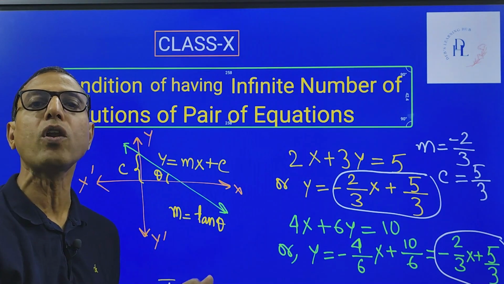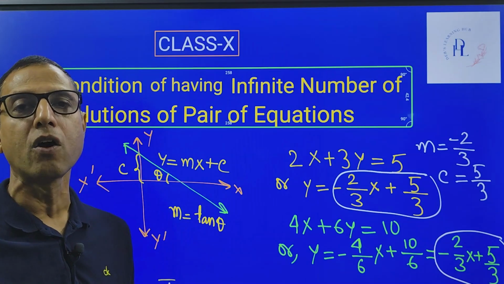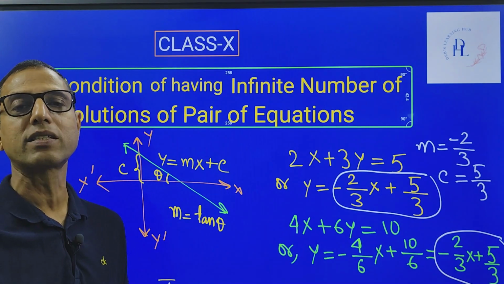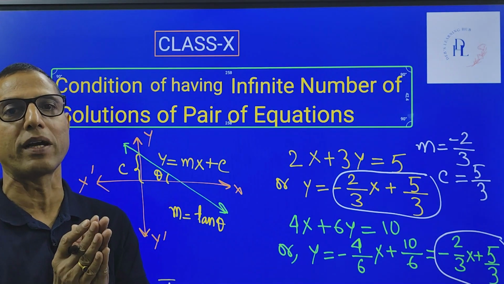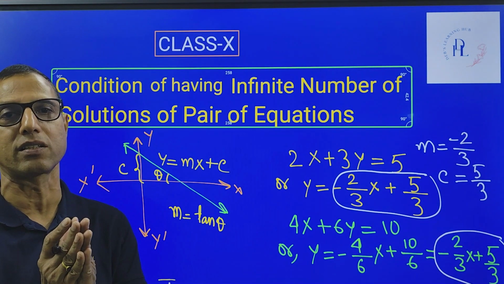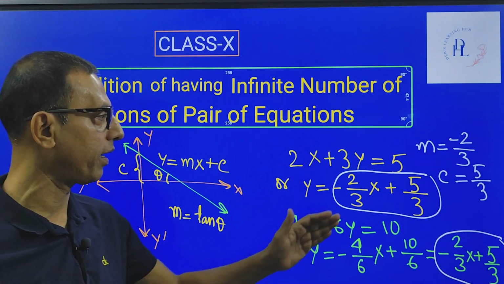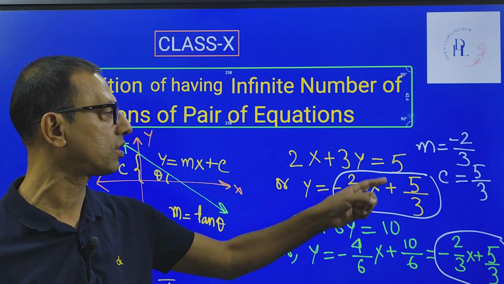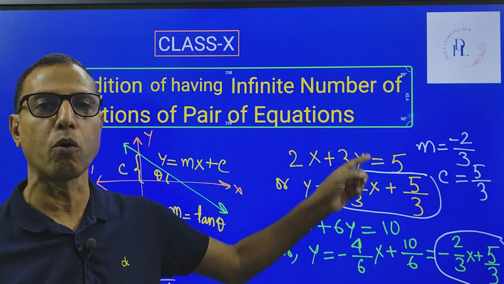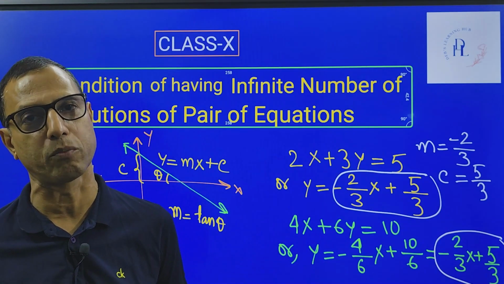That means all the points on that straight line will satisfy another straight line, because both the lines are coincided each other. Got my point? So from coordinate geometry standpoint, if two equations are given, we need to see if m is equal in both the cases and y intercept c is also equal in both the cases.